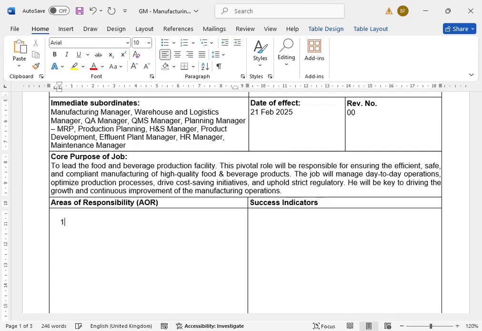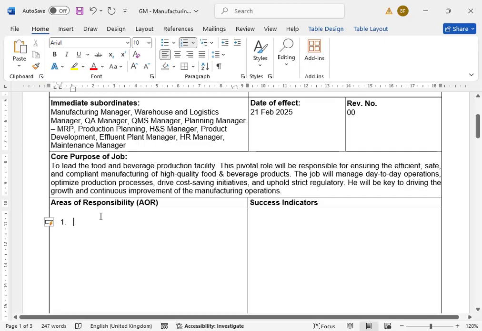It could be 6 or 10, but in this case, I'm just going to write the important things, six key responsibilities. Then after writing this, I'm also going to write the success indicators for the areas of responsibility.